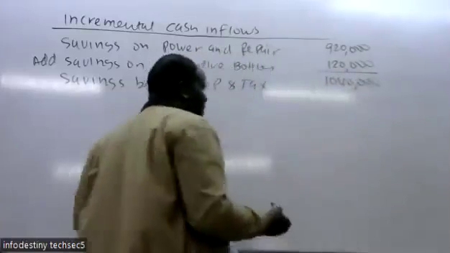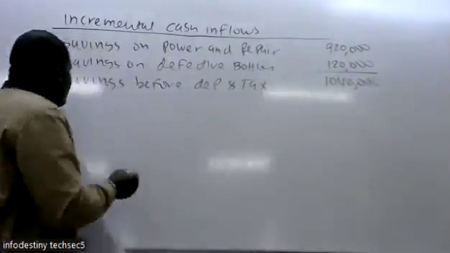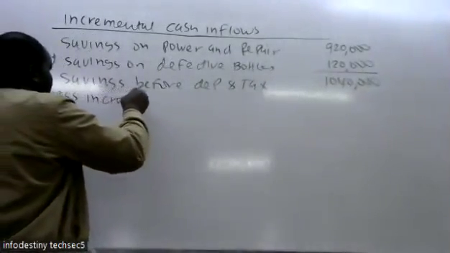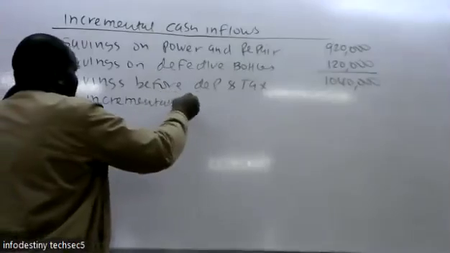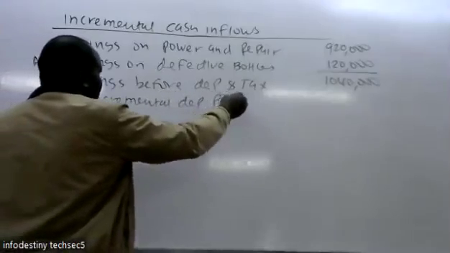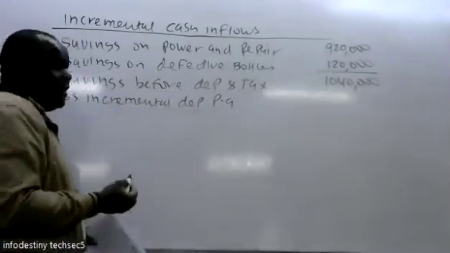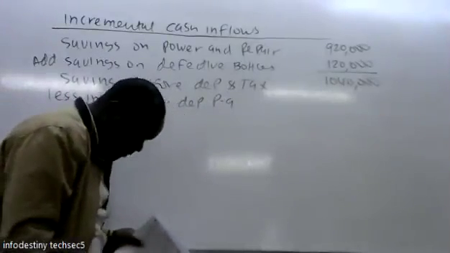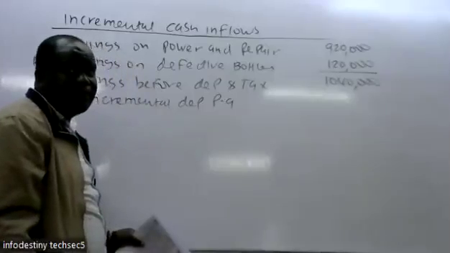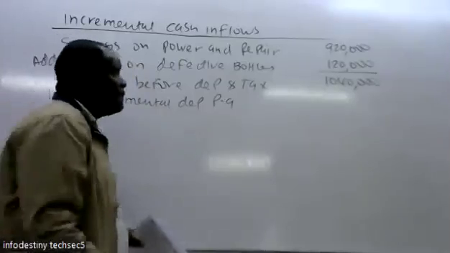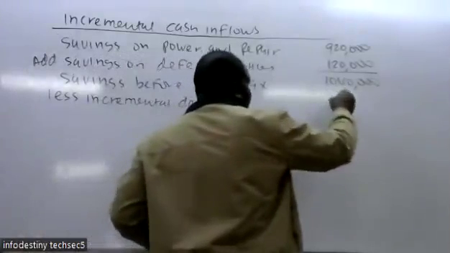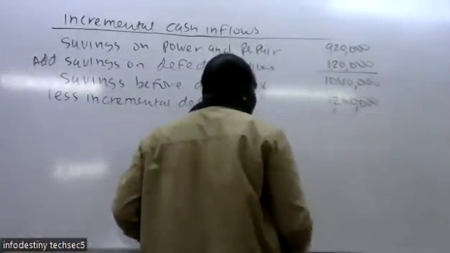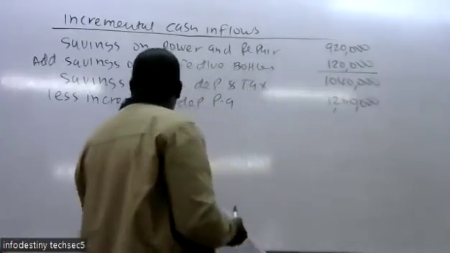Now we less incremental depreciation per annum. So we calculated that incremental depreciation per annum. It was which figure?